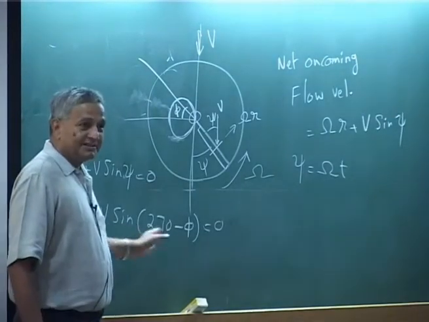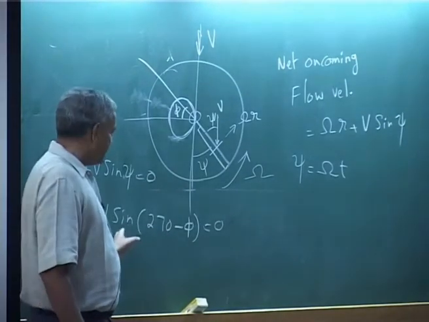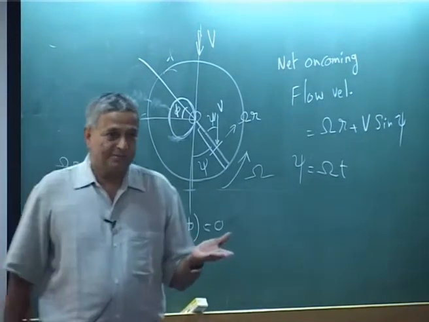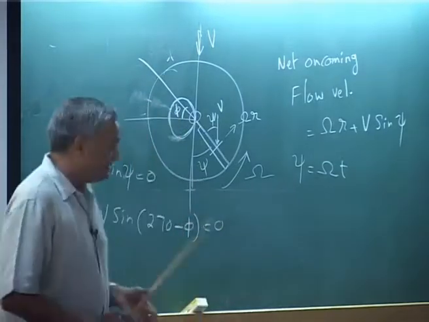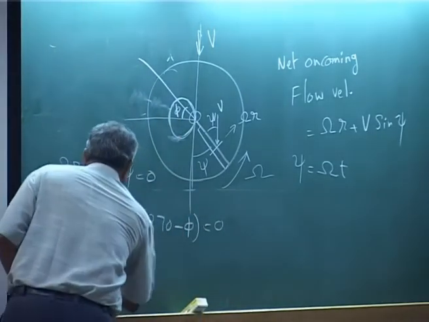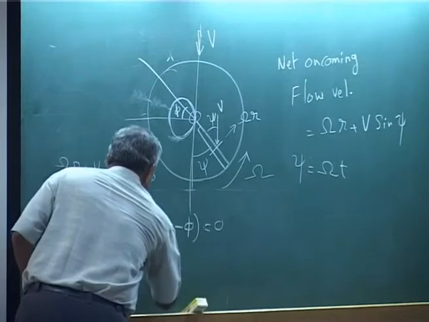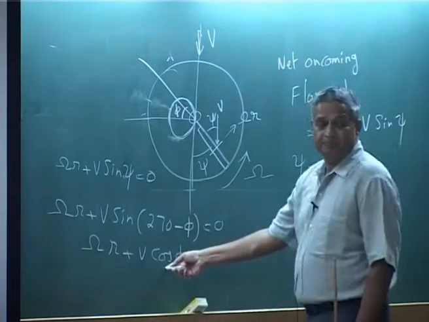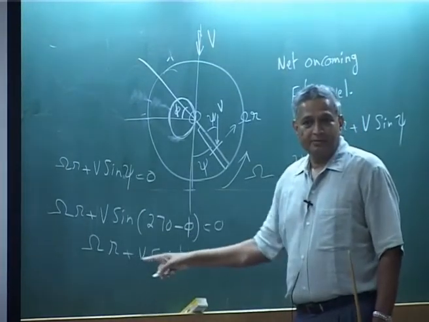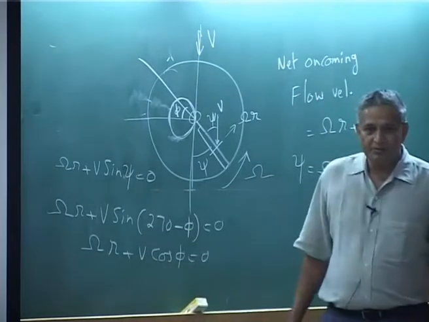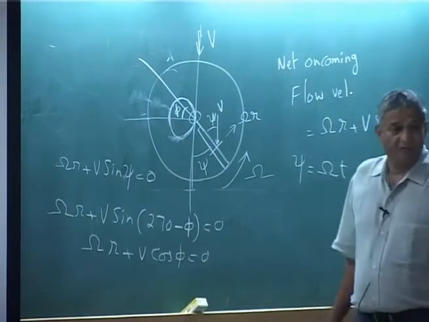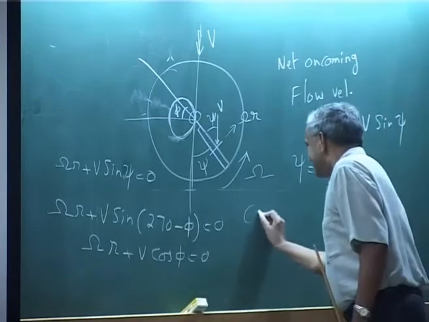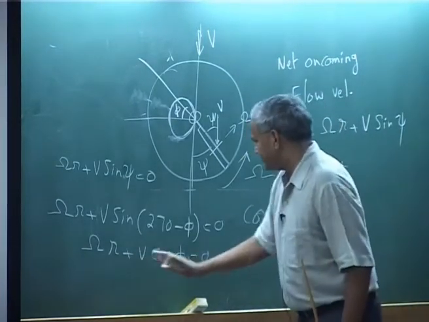Then this is nothing but, because sin 270 is minus 1, and cosine phi. So, this will become omega r plus V cosine phi is 0, and cosine phi is omega r over V, right. You will write, no, is there a plus sign or minus sign?